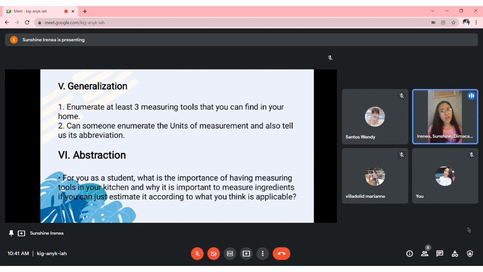And for abstraction, this is where I will measure the students' own understanding or their own opinions. For you as a student, what is the importance of having measuring tools in your kitchen, and why is it important to measure ingredients if you can just estimate according to what you think is applicable?